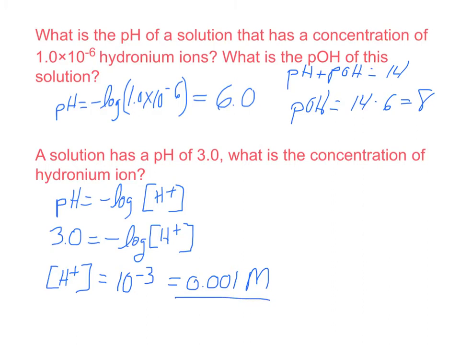Now, for those of you wondering why we have to use 10, if you haven't had this in math class yet, this log is to the base of 10. So to get rid of it, you have to raise both sides to the 10 to make sure that goes away. So that's your math lesson for today.